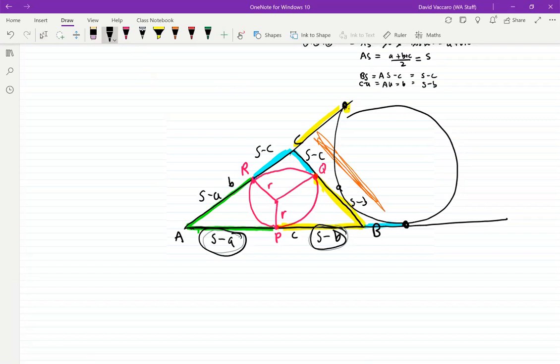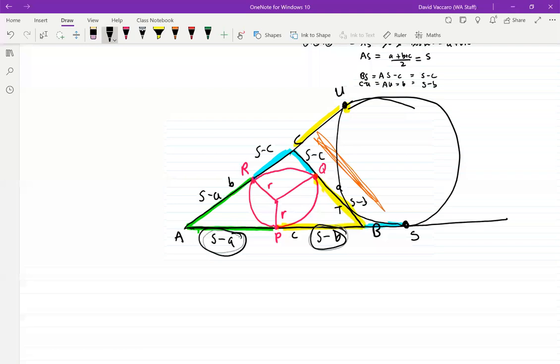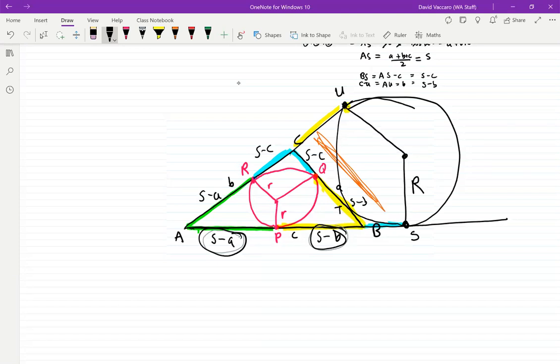So this is my X circle, and this is my S, T, U. Okay, this is my X radius, I'll call it capital R.